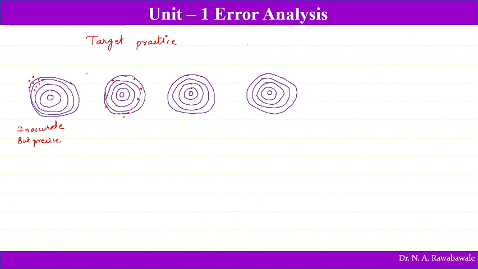So the shots achieved by the second person are neither close to the center, meaning not accurate, nor close to each other. So this is inaccurate and imprecise.